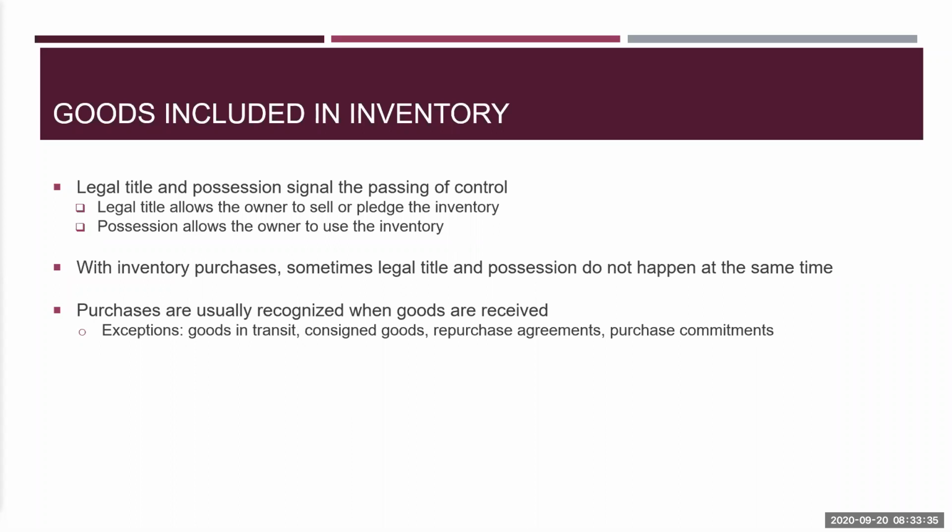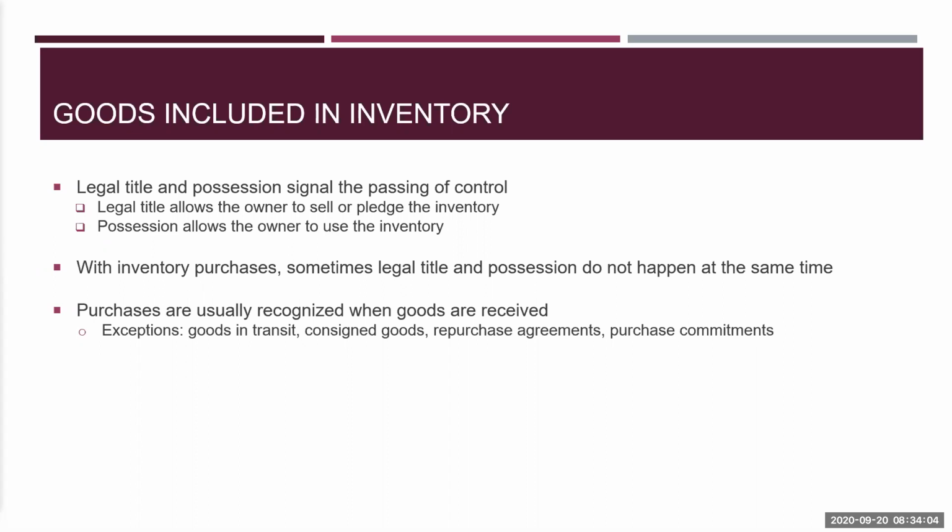It depends on who owns those items or who holds the legal title to those inventory items and whether or not that party should be reporting inventory on their books. Purchases are usually recognized when the goods are received, but the exceptions to those are goods in transit, consigned goods, repurchase agreements, and purchase commitments.